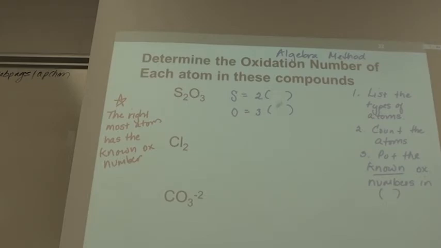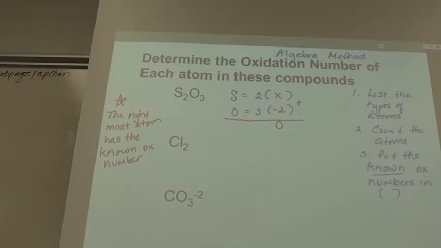No, so oxygen is -2. Do we know what sulfur's oxidation number is? No. But we do know this. Is this a neutral or a charged compound? Neutral. So the sum of the oxidation numbers cancel and it is 0.